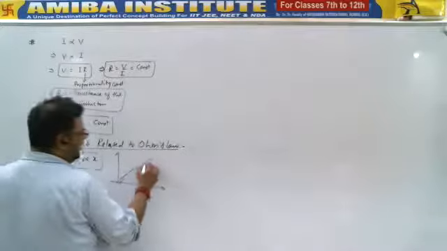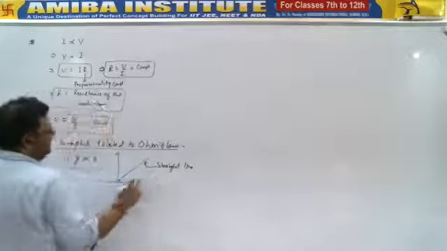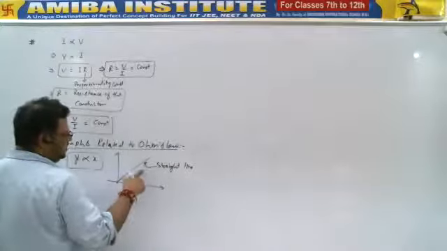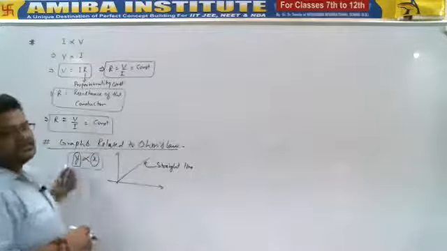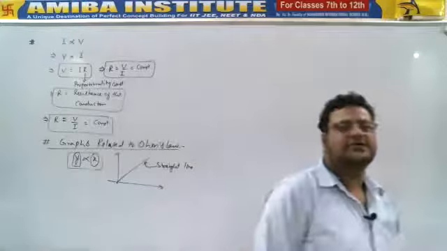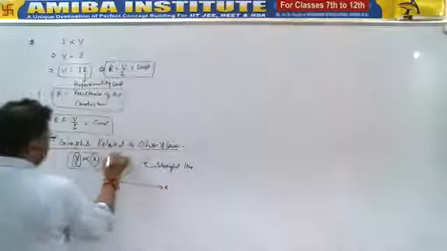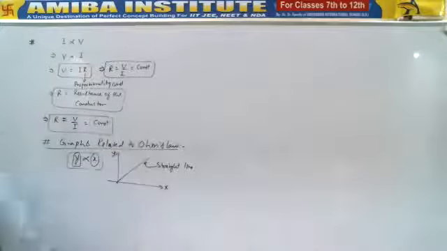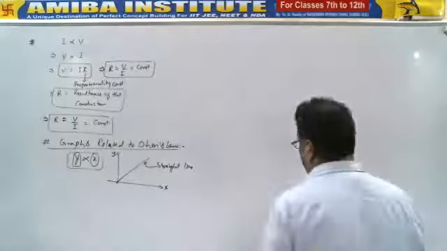This oblique line has been given the name straight line, just like you have some name, I have my name Hanu. So this straight line always comes whenever this kind of simple relation is given. This is called the direct relation. Y is directly depending on X, or we can say Y is directly proportional to X. So the graph between X and Y axis, whatever quantity is written on the corresponding axis, should be a straight line if there is a direct relation.